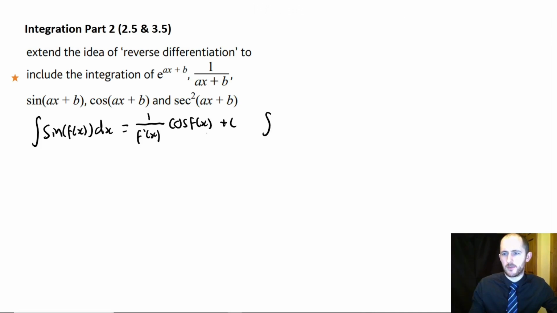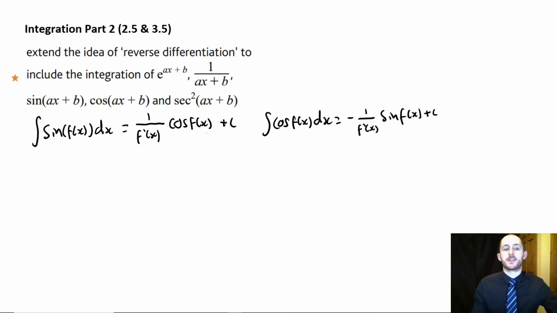There's a few more you have to remember, so you also have to remember the one for cos. So if you have the integral of cosine of some function, then that's going to be 1 over the differential of the function, times sine f of x, plus c.